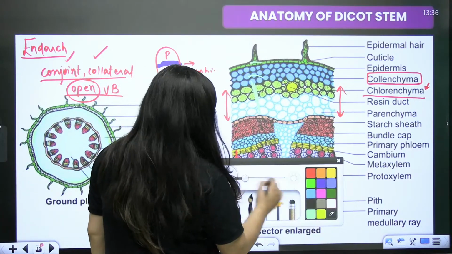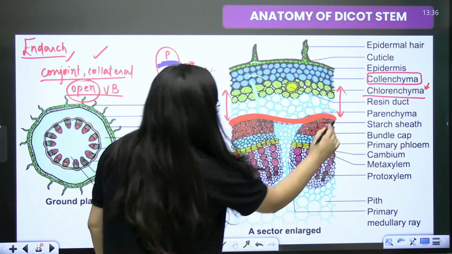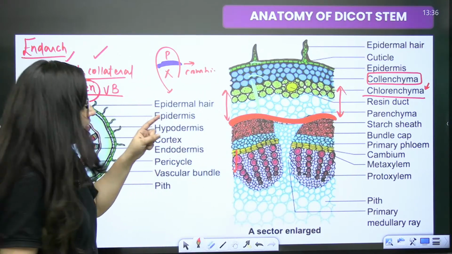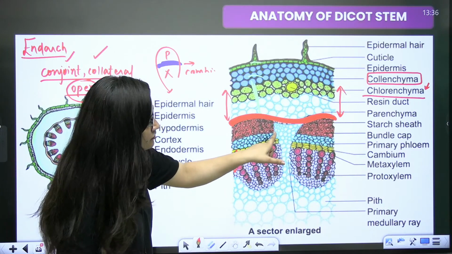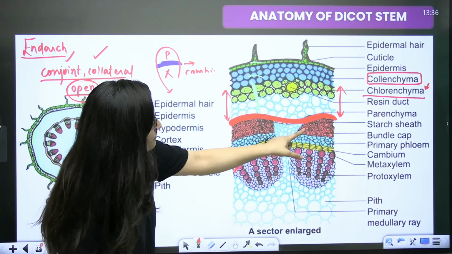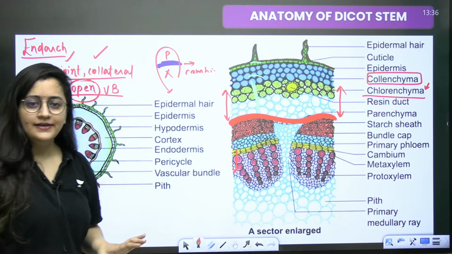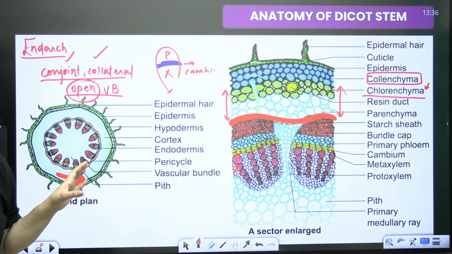See that this one is the starch sheath here. Now can you see the pericycle here? Just look at the diagram.